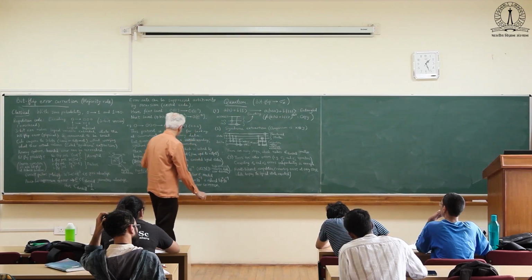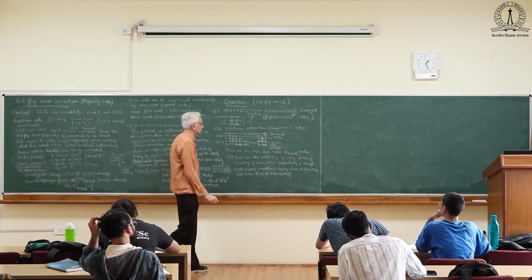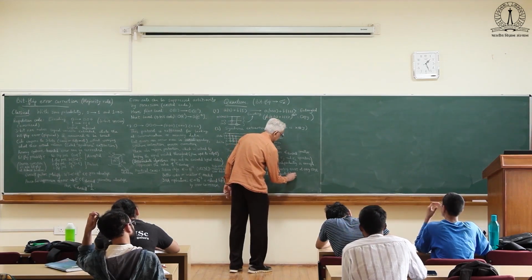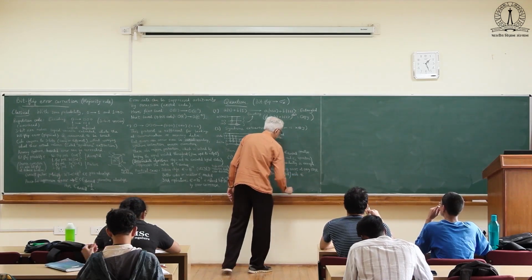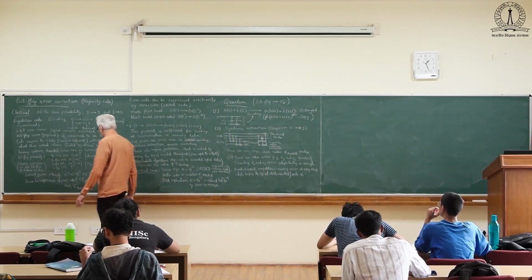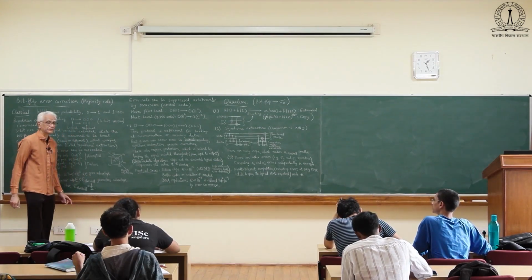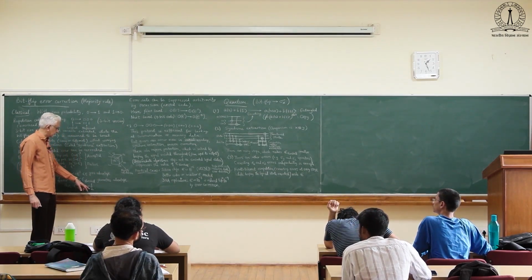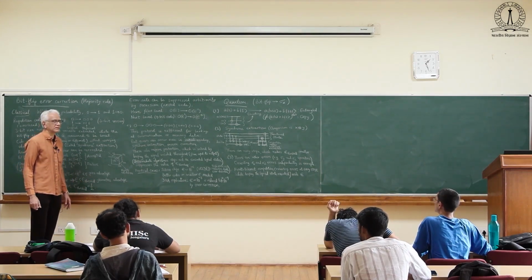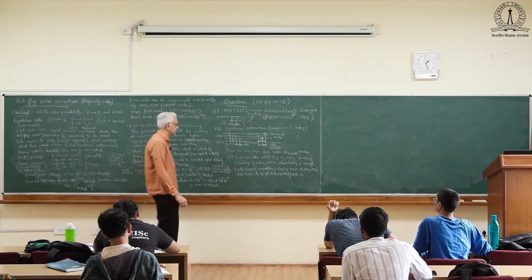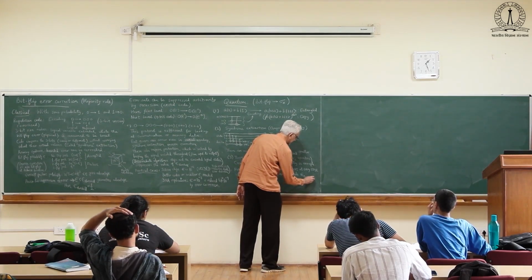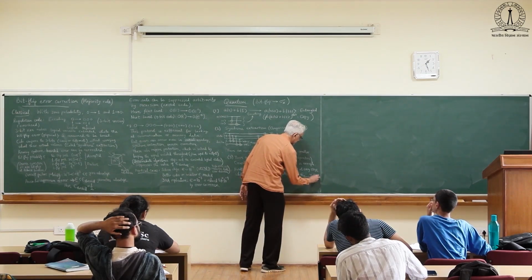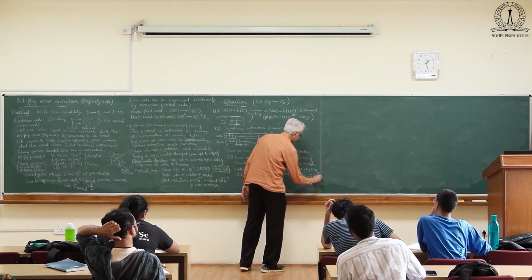The same argument which I gave over here needs this value. Here it was a very simple calculation. I could get a number like half. And this number is something which depends on the codes, etc. to some extent, but it is of the order of 10 raised to minus 4.